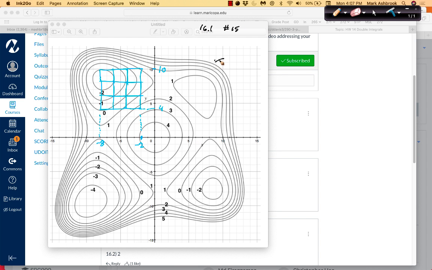So these numbers, 1, 2, 3, 4, 1, 0, negative 1, 2, those are z values, or the f of x y. Right here, f of 5 comma 5 would be 1 because the contour line for 1 goes through the point 5, 5. So that shows f of 5, 5 equals 1. That's the z value.